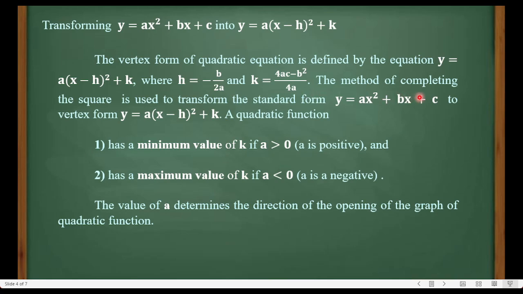The method of completing the square is used to transform this standard form to the vertex form.